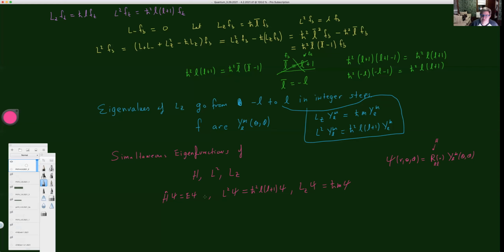If we restrict ourselves to the hydrogen atom, we have an n and l, and then we would write n, l, m here. But in general, this is true, even if we're not looking at the hydrogen atom, as long as we're in spherical coordinates, r, theta, phi.